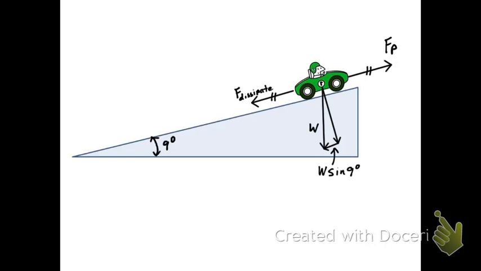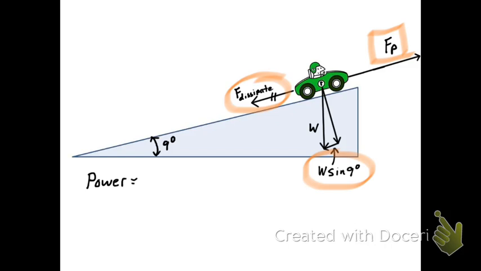So I need more applied force because the applied force has to overcome these dissipative forces of friction plus this component of weight. Now I can figure out my new applied force. Again, I know my power output is constant, so I can calculate my new velocity. Let's set that up.